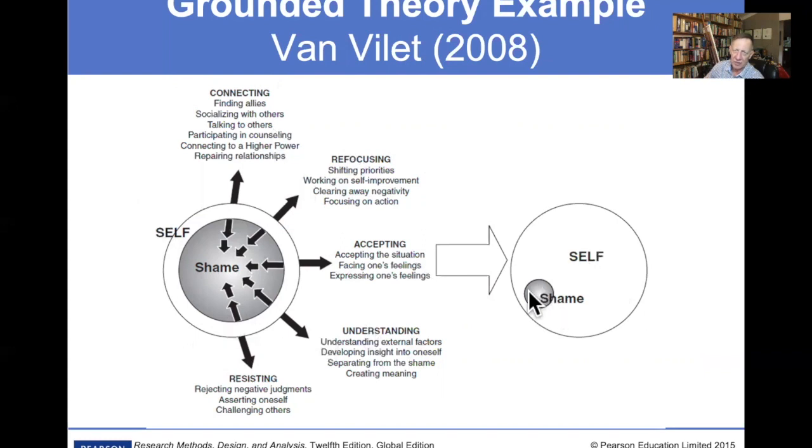So you can see this is sort of a model, or a theory. Go and read that in the book, but he or she identified various themes in the data, like connecting, refocusing, accepting, understanding, and resisting, and how that impacts on your experience of shame. Go and read that example in the textbook.